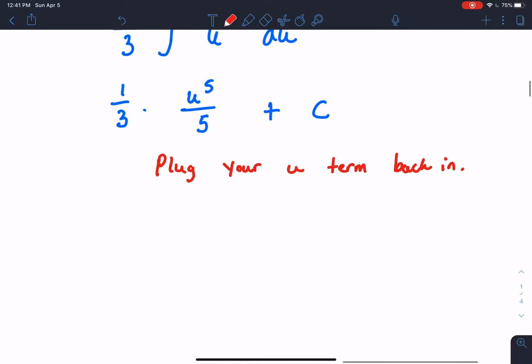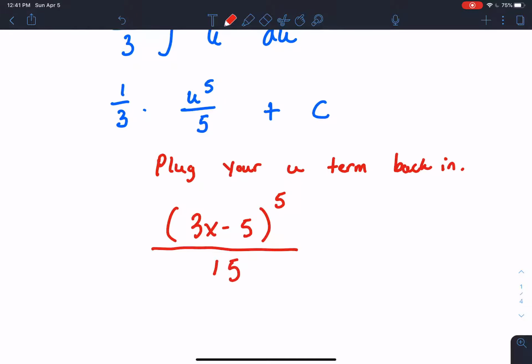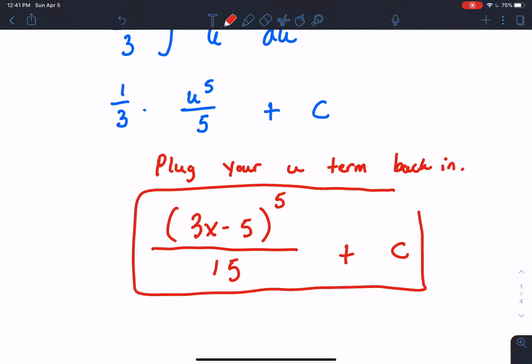So if I simplify this, I have 3x minus 5 to the 5th, over, and if I multiply my denominators here, that's going to give me 15, and then plus c. So that is your final answer there.